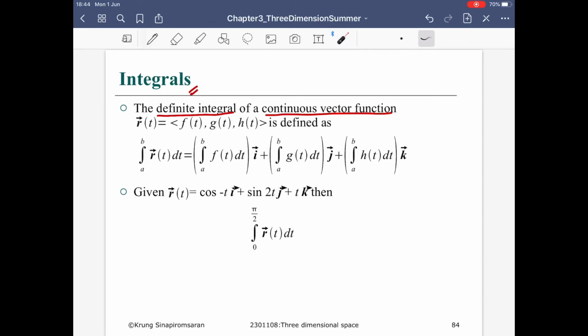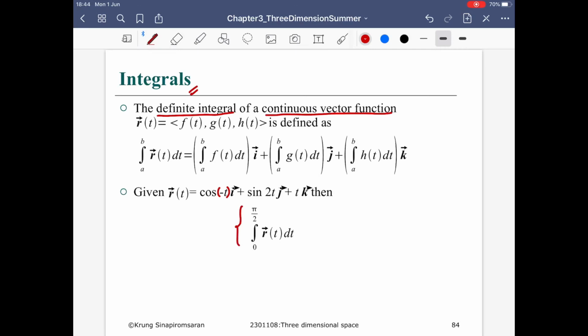Okay, so for example, if your function is given as cosine of negative t, sine of 2t, and then t, you need to find the integral from 0 to pi over 2 of this vector function.